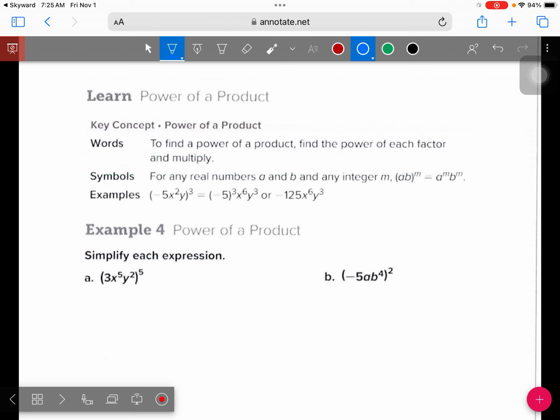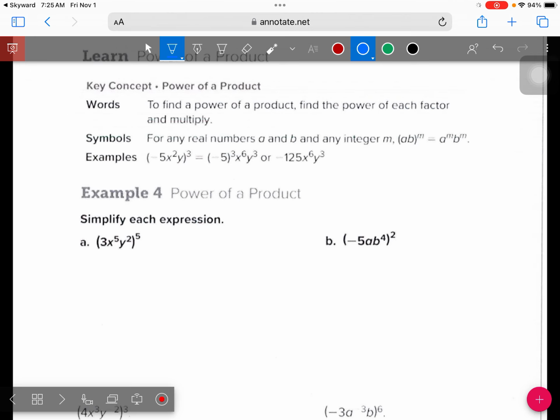This is a power of a product. Very similar to a power of a power that we did yesterday, but we have more things on the inside of the parentheses. So to find a power of a product, find the power of each factor and multiply.